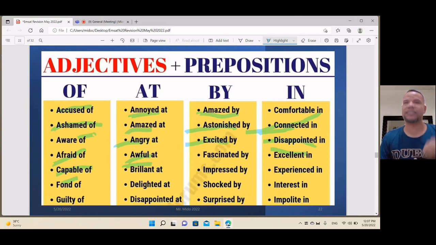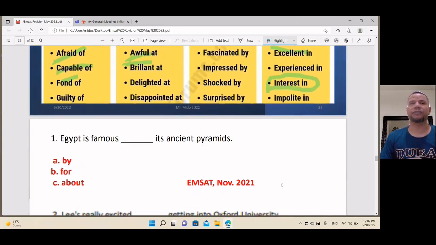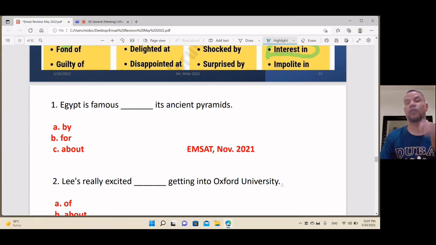You say good at, excellent in. Take care of this point. And so on, interested in. This one is a famous one, always in the questions of EmSAT. Interested in. Okay, perfect. Let's see some examples from real EmSAT exams.